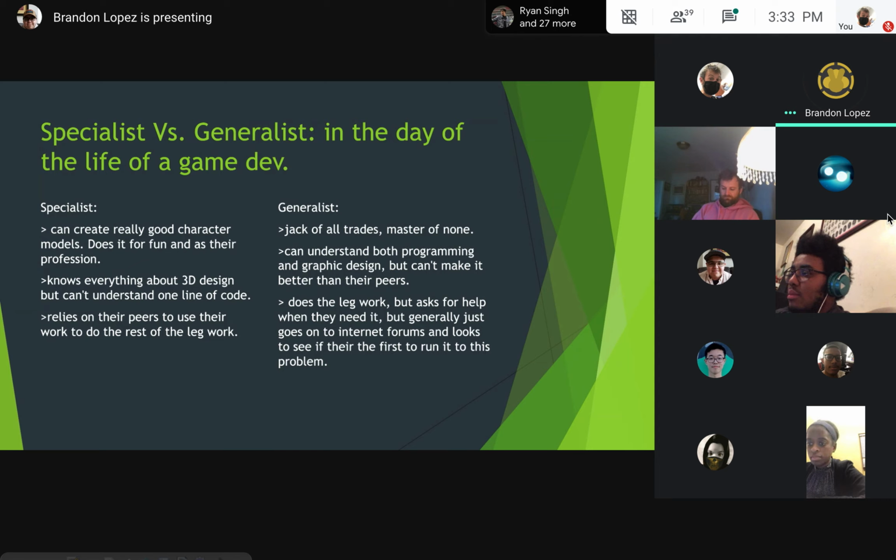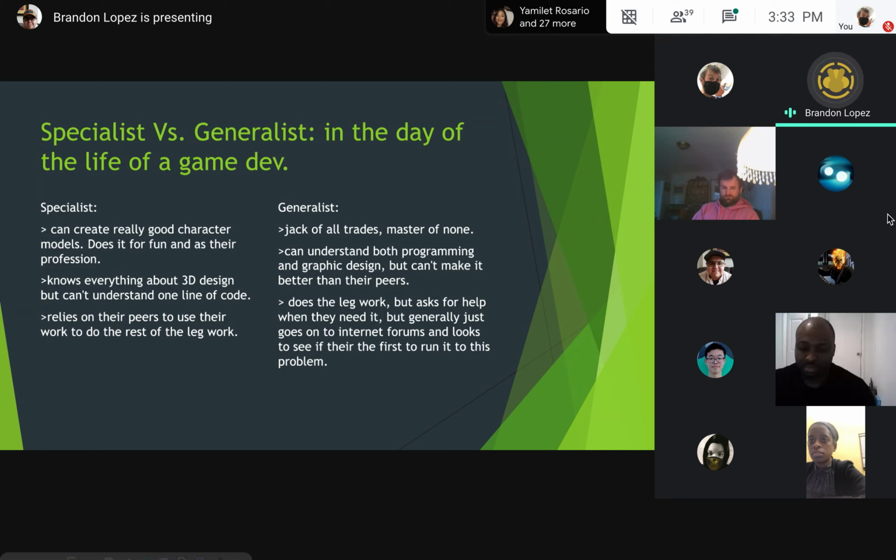Generalists can also get a lot of legwork done, but they will always ask for help when they need it. But generally, they also have resources at their disposal, like the internet in general. And if they run into a problem and there's no one there who knows what that problem is, there's always someone on the internet who's run into it before. So yeah, those are basically specialists versus generalists.